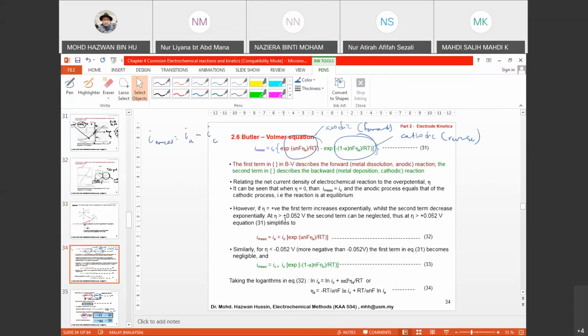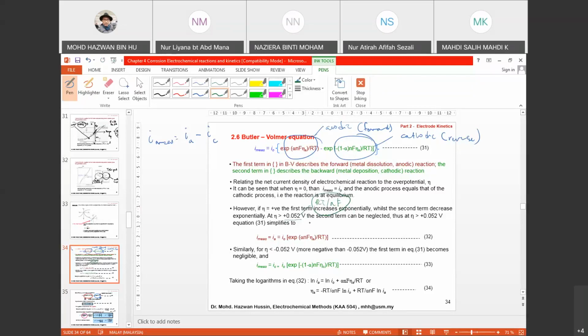Then at eta more than plus 0.05 volt, the second term can be neglected. If eta is bigger than 0.052 volt, the equation can be simplified as follows. What does this mean? It means that if you have a potential that is more than 0.052, this accounts for your RT and F, RT over nF in your Nernst equation.